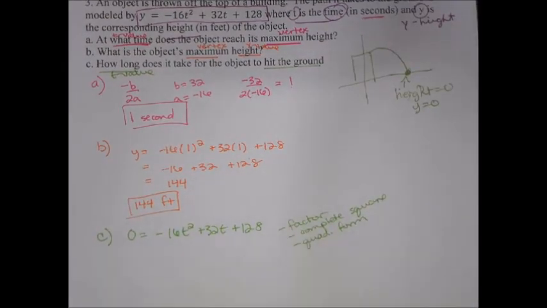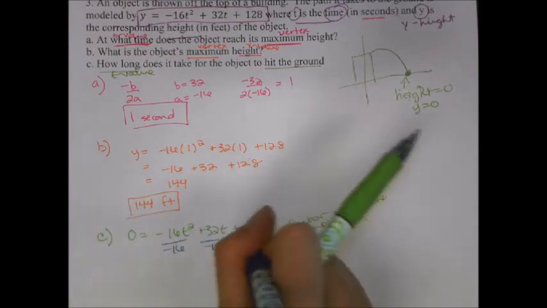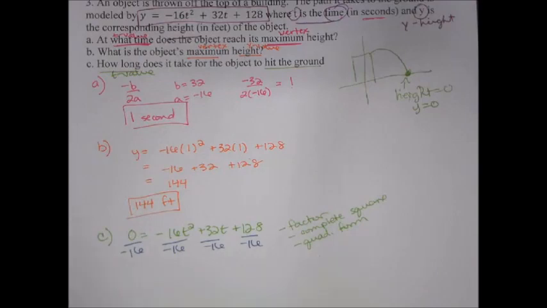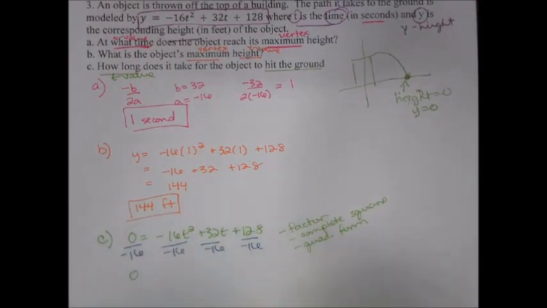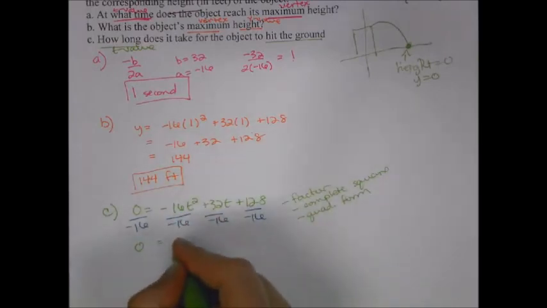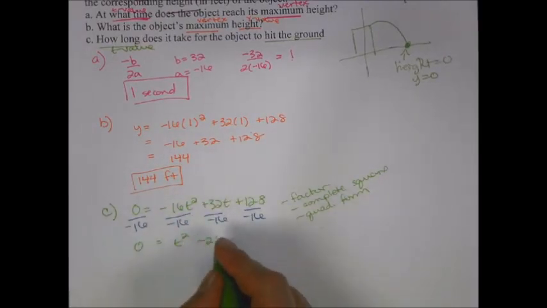Before I try any of these, I'm going to divide everything by negative 16. Whatever I do to one side, I do to the other. Make sure to make this opposite, minus 2t.